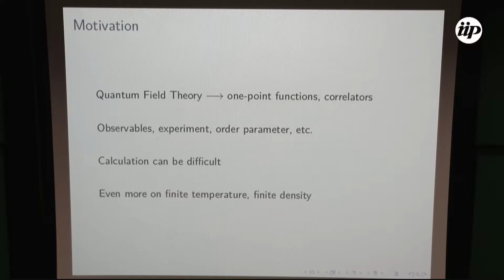Since quantum field theories are strongly interacting, it's not trivial to calculate these two-point functions or any correlators. You have to do perturbation theory. You need more information, and this becomes even more difficult usually if you consider a finite temperature setup or finite density or any kind of situation like this.